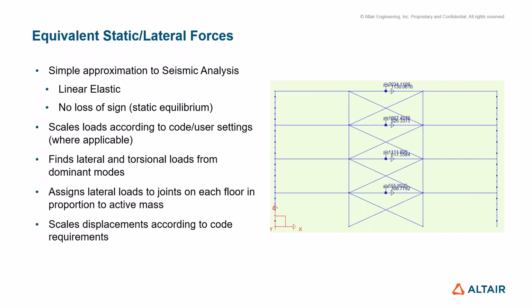And it's going to scale those displacements according to the code requirements as well. So again, this is perhaps a more suitable approach for design forces that you might want to use with, for example, nonlinear analysis, where you need those results to be in static equilibrium to gather the relative joint displacements between objects that might dictate whether a member is in compression or tension. That's just one example, but it does give you a bit more options there.